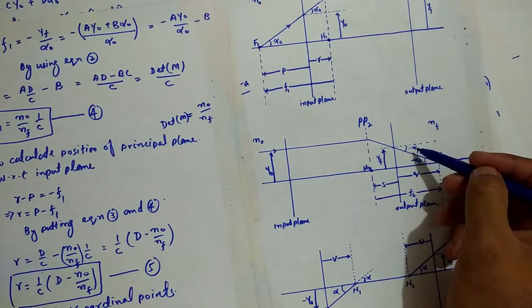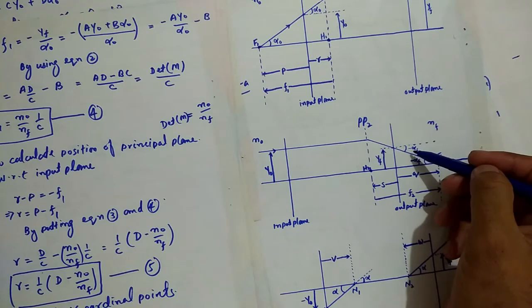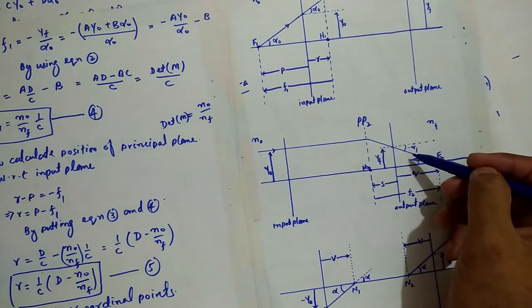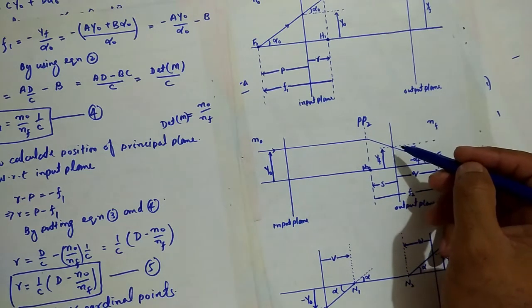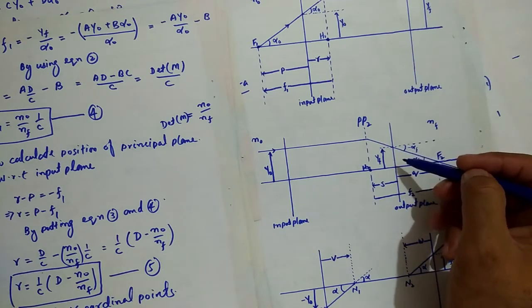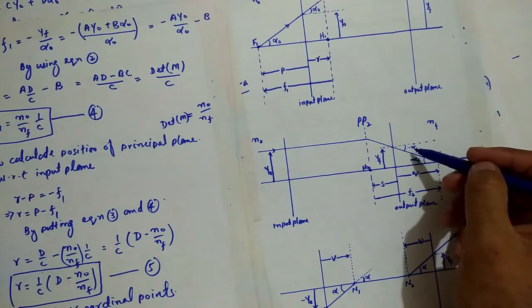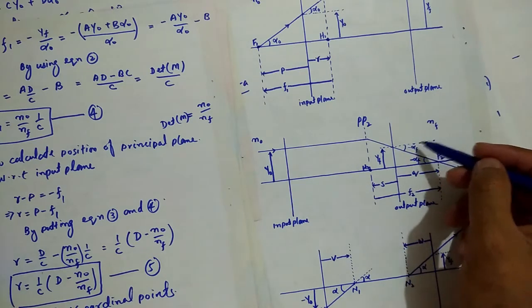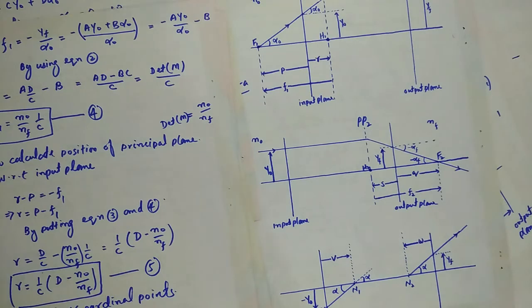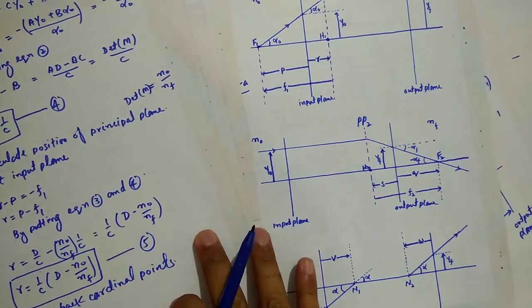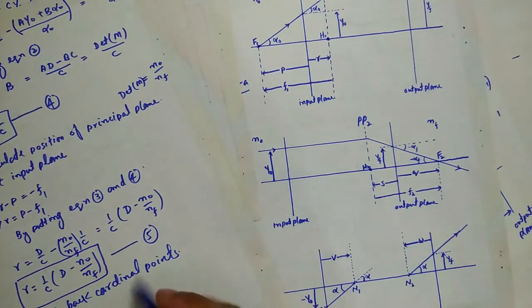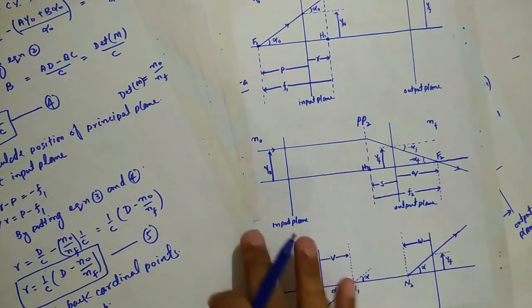The negative sign is taken because this angle is below the optical axis, because the angle is taken below the optical axis. The angle of the ray with the optical axis is below. Therefore, for the back cardinal points, consider figure B, which is this one.